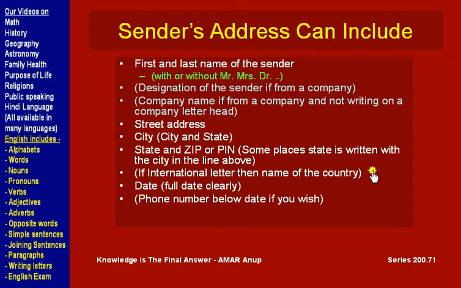Don't write abbreviations or names which are not very known. So if you are sending from India, write India. Don't write Bharat or Hindustan or something like that. If you are sending from United Kingdom, write UK or United Kingdom. Avoid writing England, which is not a common name known throughout the world, but UK is known.